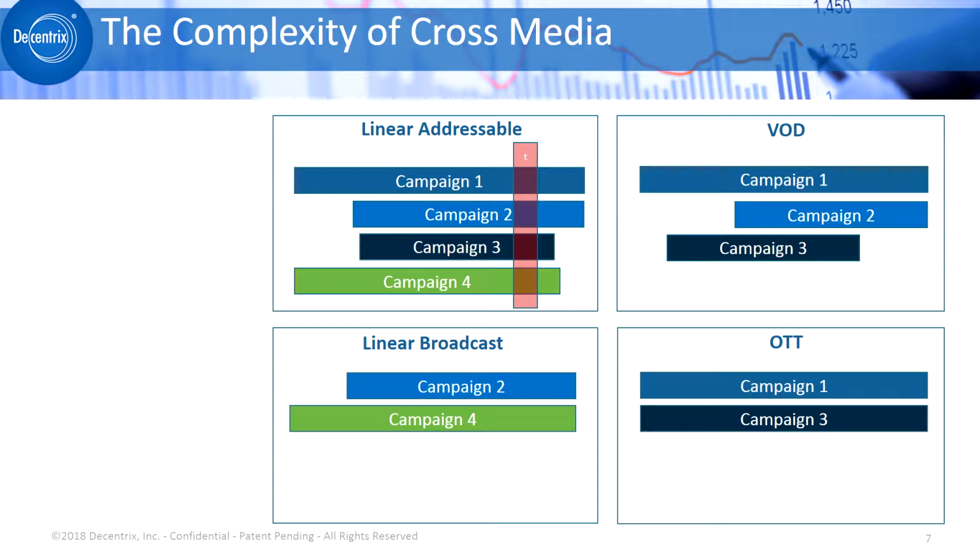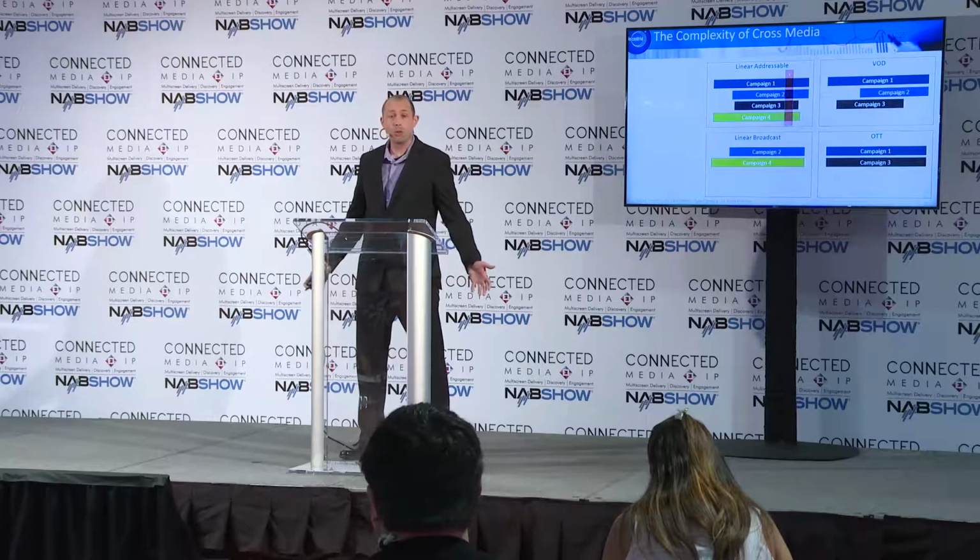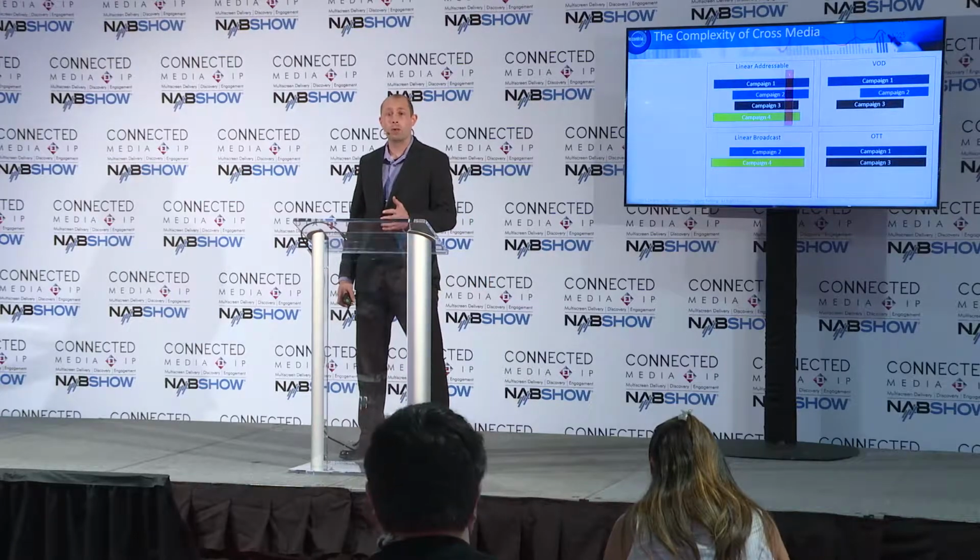So if I have a campaign that's running across linear addressable, VOD, traditional linear broadcast, how am I going to make that decision when it comes down to stewardship? I could maybe move some impressions for a campaign, or I could move some spots for a campaign into a different inventory pool. I might be able to shift them across time, but how do you know that?